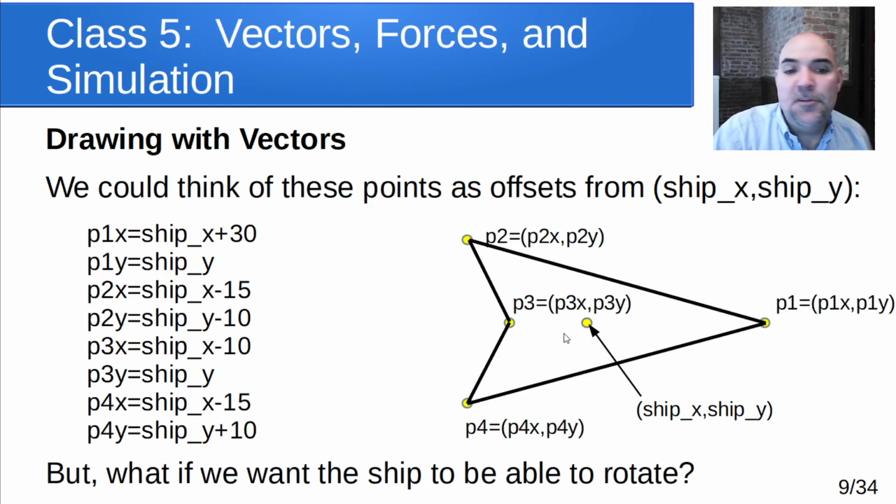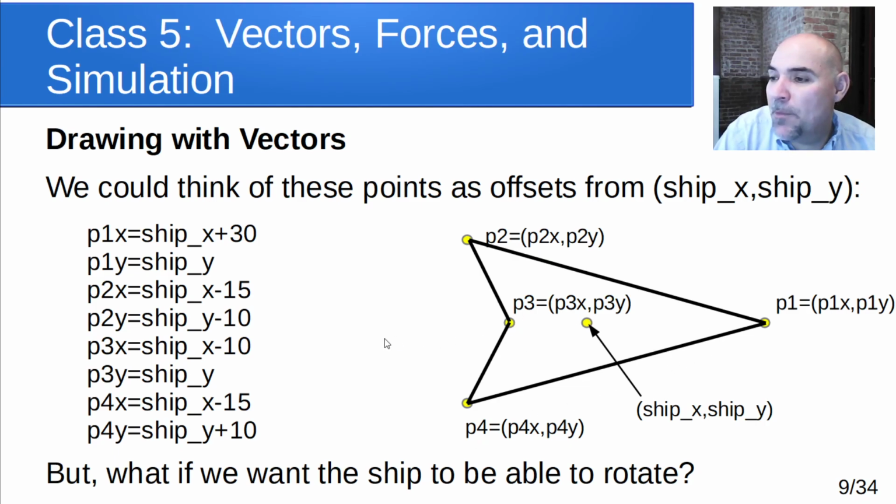Now, the idea is you might think about those different points going around that ship as having an offset from the ship's X and Y. So in this case, notice P1X is going to be some number forward or to the right of X, so ship X plus 30, and P1Y is along the same Y as ship Y. And then this one up here would be over to the left, 15 to the left in this case, and 10 up. And P3 is none up and down, so Y is the same, but X is maybe -10, and so forth.